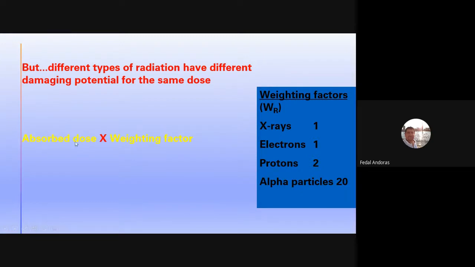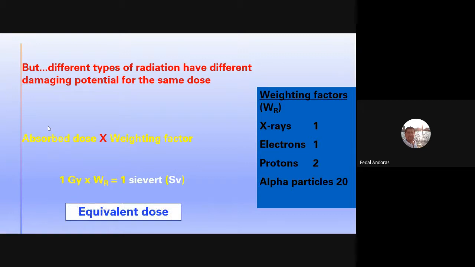Absorbed dose اللي راح تقيسها medical physics expert multiply by 1. That means any absorbed dose reading by these machines will be the equivalent dose. So equivalent dose is absorbed dose multiplied by the weighting factor. Absorbed dose unit was gray, so gray multiplied by the weighting factor of X-ray is sievert.